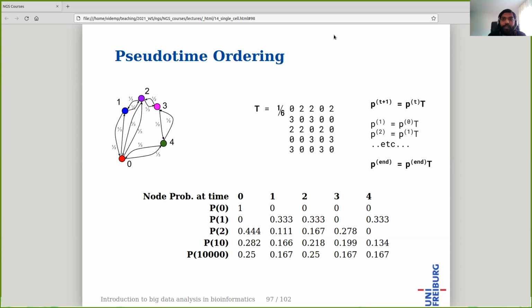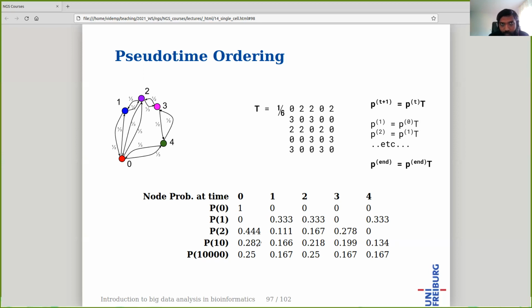Let's look at an example quickly, how it is done. So you have this transition matrix, you initialize p0 with 1 0 0 0 0, and then compute. You do a matrix multiplication, this times this here, and then you get this. Then for p2, you multiply this again with T, you get this, and so on, until you converge.